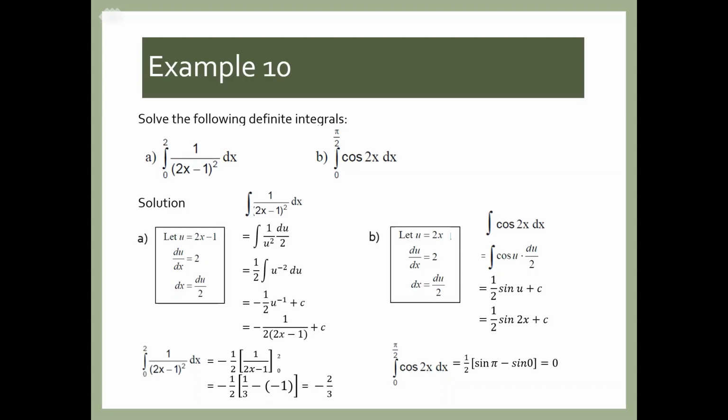Then substitute the interval into the answer and simplify. You will obtain 0 as the final answer. Take note that the interval for the trigonometric function is always in radians, so the calculator must be set to radian mode before you do the calculation.